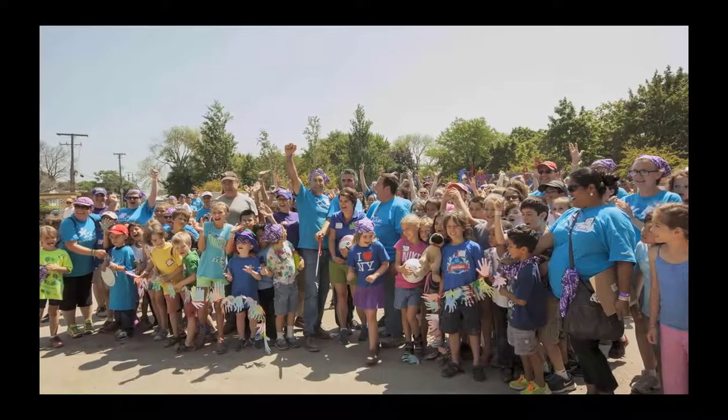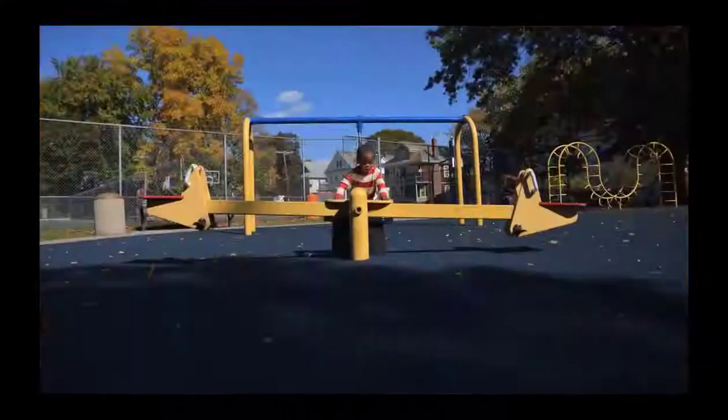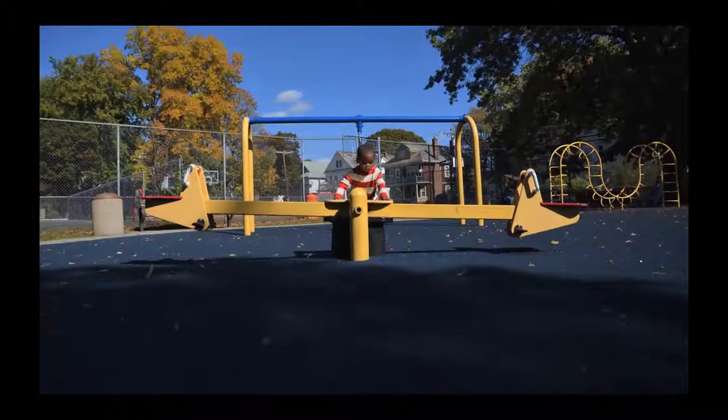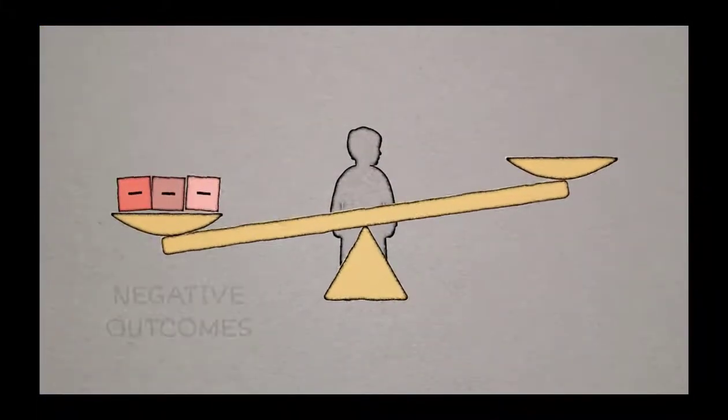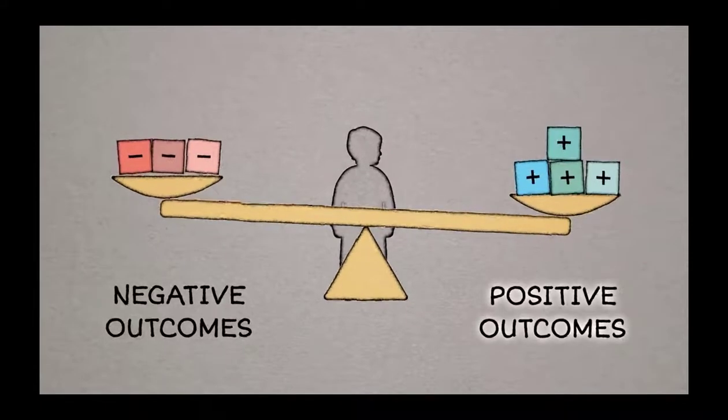An easy way of thinking about resilience is like a scale with a fulcrum in the middle of it. And there are things on both sides of that scale, experiences of both bad things or good things.